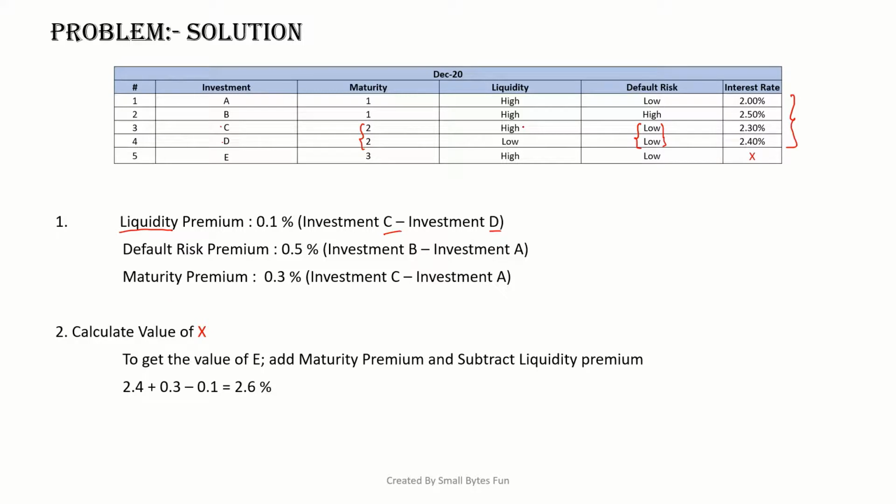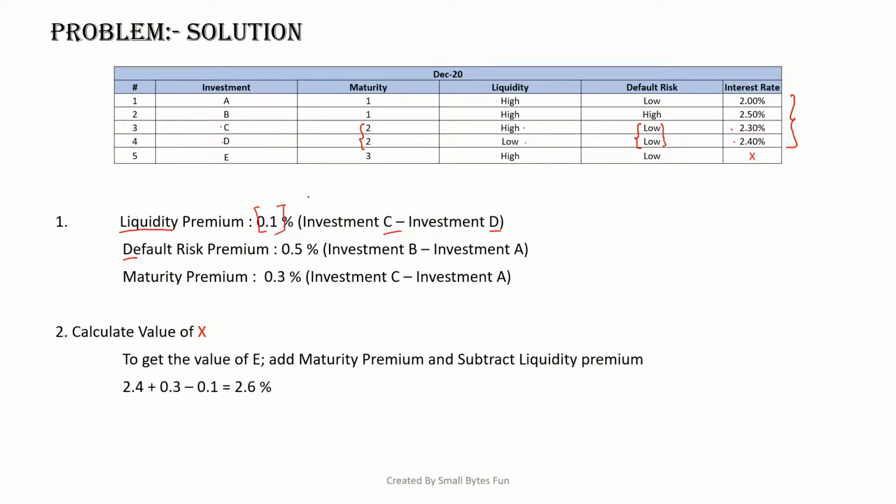The only difference is this: the liquidity for C is high, C is highly liquid, you can easily exchange for cash. D has a low liquidity, you cannot easily exchange for cash. So the difference between the interest rate 2.3 and 2.4 is going to give you the liquidity premium that can be charged. So liquidity premium is 0.1%.